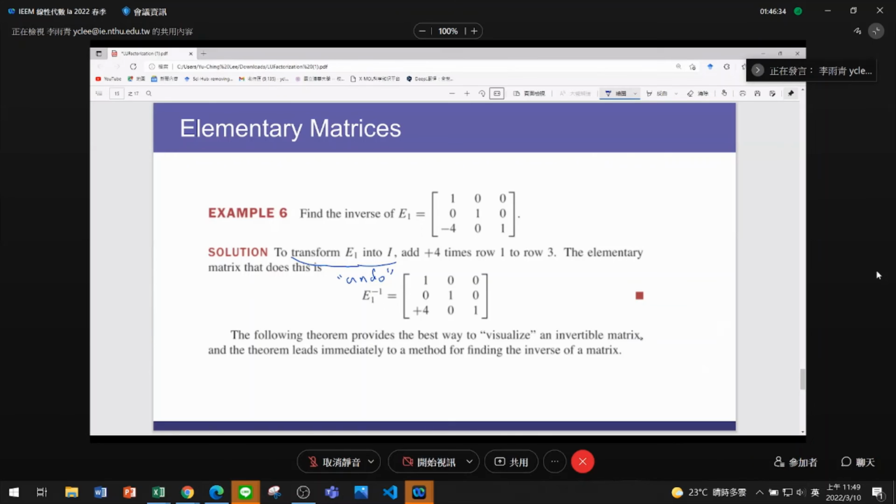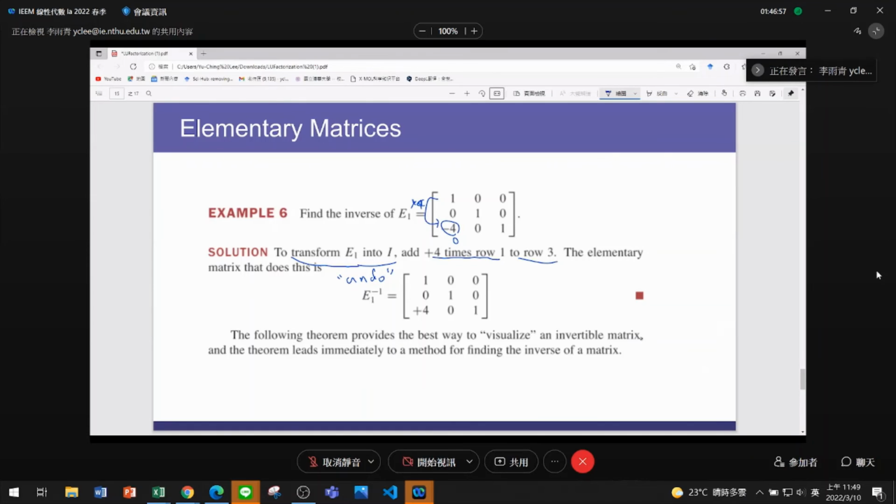So we should add 4 times row 1 to row 3, so that can reduce this part, and then that makes this thing 0, and then that will bring E1 to identity matrix.